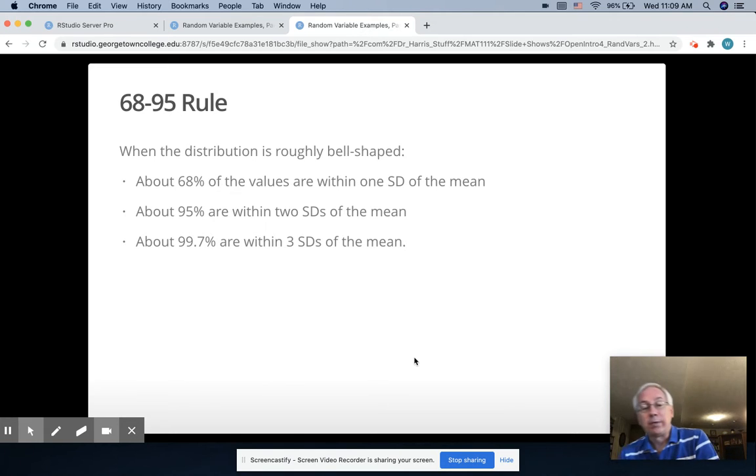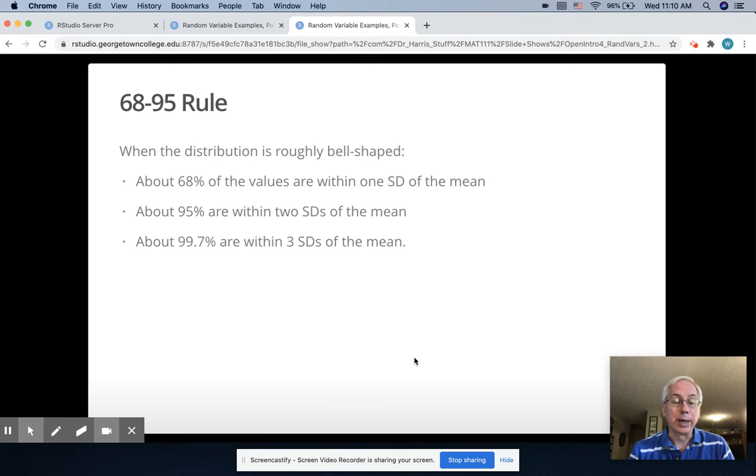If we've got a bell-shaped normal curve, the distribution is going to follow what we call the 68-95 rule. If we were able to identify the mean and standard deviation for this distribution, we would know that about 68%, a little bit more than two-thirds, of all values of a normal random variable are going to be within one standard deviation of the mean.